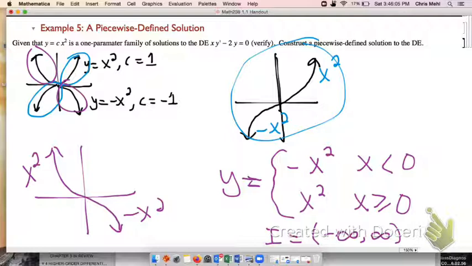I could do that similarly for the pieces in quadrants 2 and 4. So this is a way to take your family of solutions, look at two particular solutions in that family, and pick any pieces that I want and glue them together in a piecewise fashion to obtain more nuanced, maybe more obscure, solutions to my differential equation.